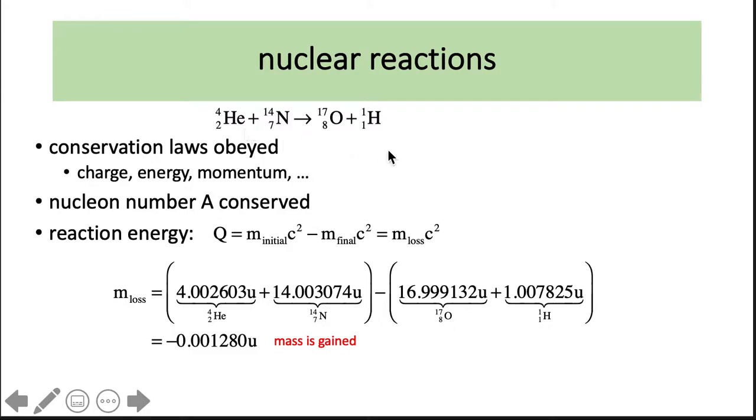These reactions don't usually happen just in everyday life because these are big nuclei that repel each other with all their protons. So they would have to be moving towards each other pretty fast in order to get close enough to undergo this nuclear reaction.